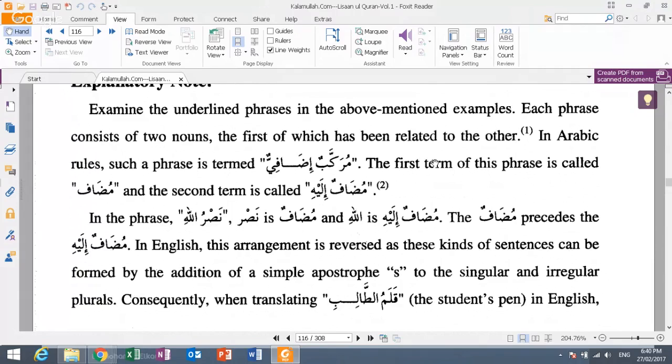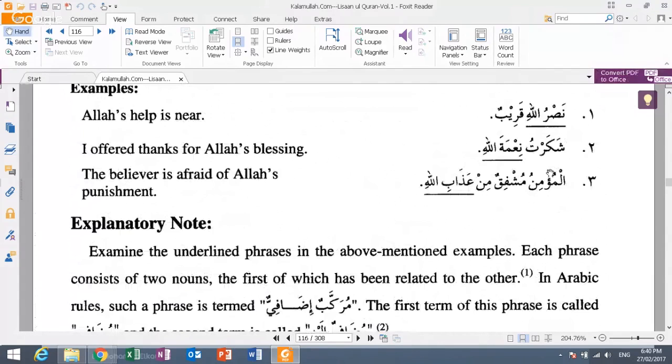If fatha case, we put the fatha on it. Jarri case, we put the kasra on it. Depends. Like see the sentence, Nasrullahi. This is the rafi case because the sentence starts with it. So this means this is mubtada. Nasrullahi together is mubtada.